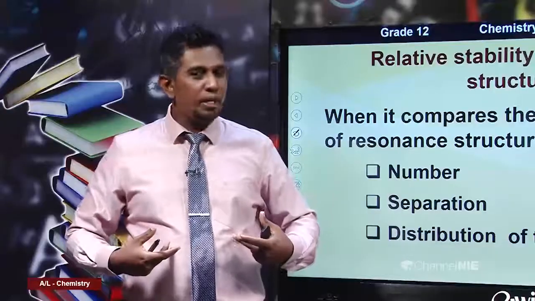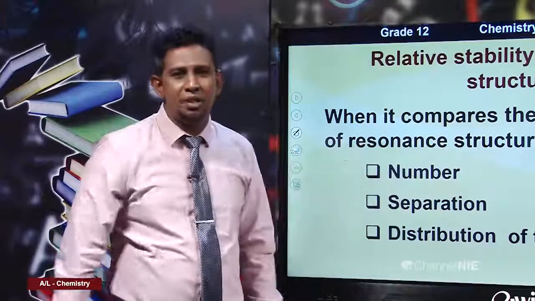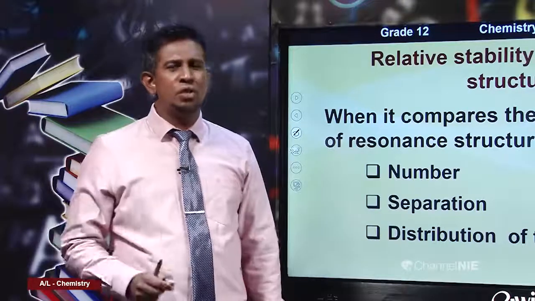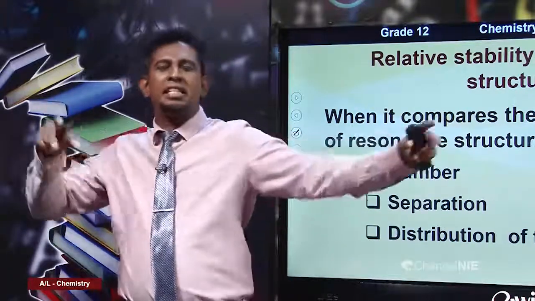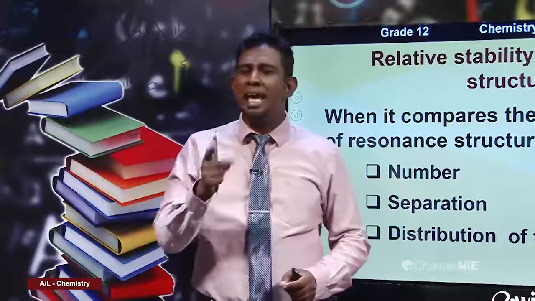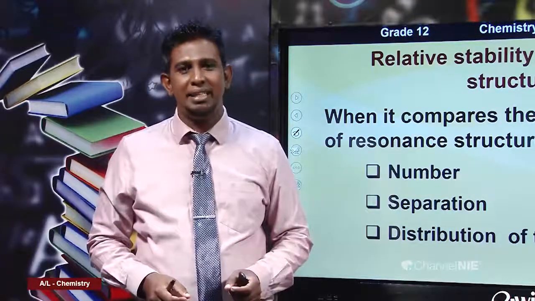But students, having all the troubles on one atom makes it unstable very, very highly. So it's distributing the troubles. Trouble means the charges. Distributing the charges makes them quite stable.